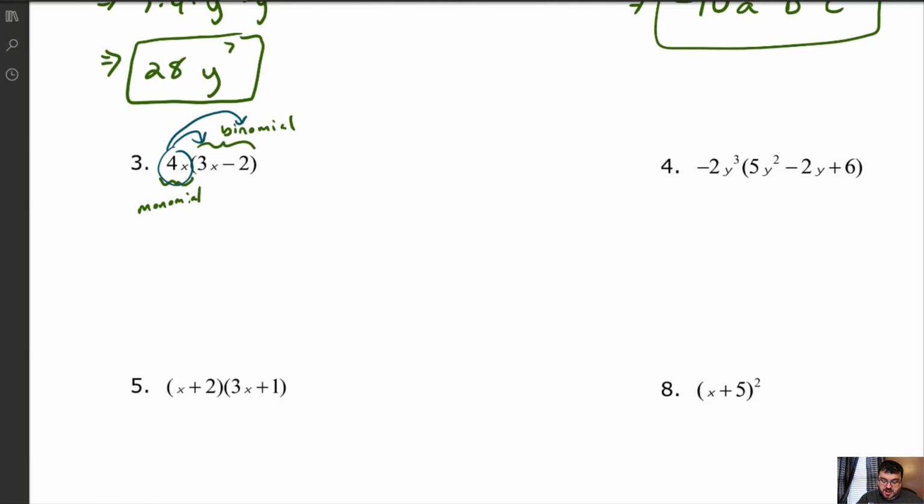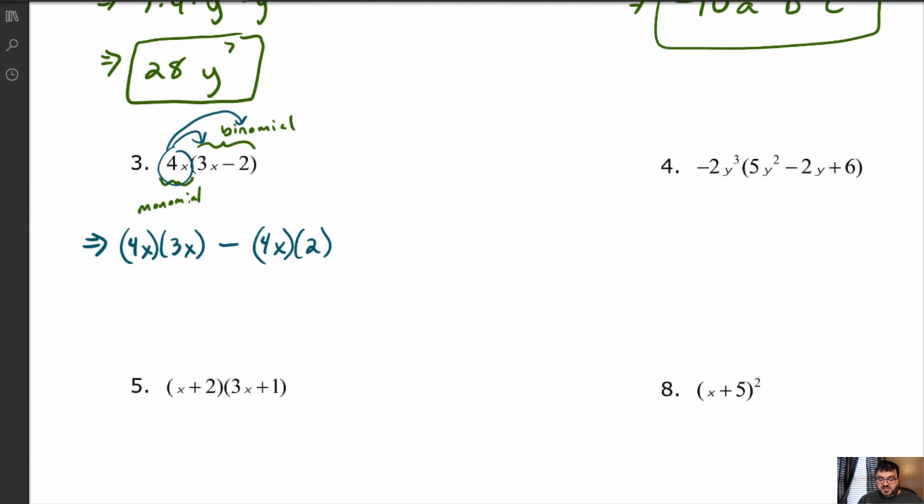So here's what you would write down when starting this kind of problem: 4x in parentheses times 3x in parentheses, minus, and then 4x times the 2.